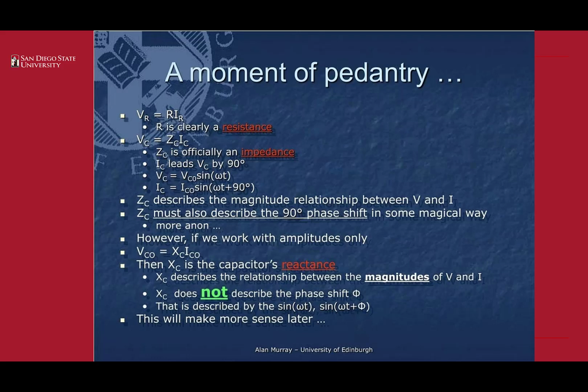This must be described by the sin omega t part of the equation, as in sin(omega t plus phi). So the XC value of a capacitor, or ZC value of a capacitor or a group of capacitors, cannot describe the phase shift phi. It must be embedded into the sine function, making sin omega t into sin(omega t plus phi), where phi represents the phase shift in terms of angles.